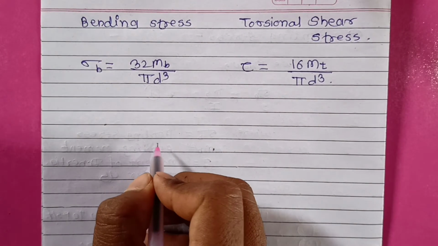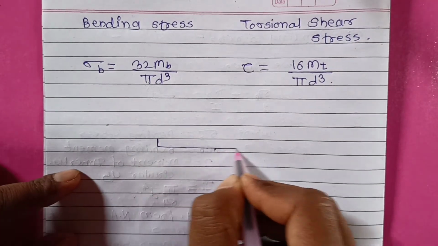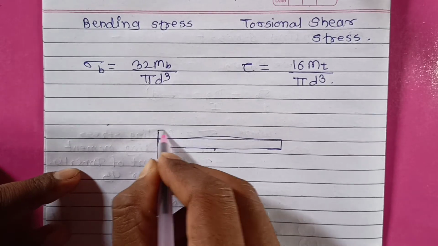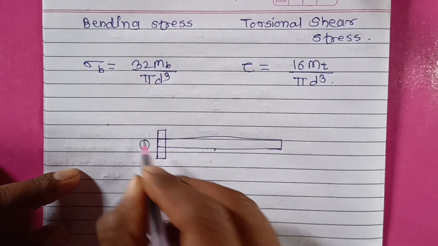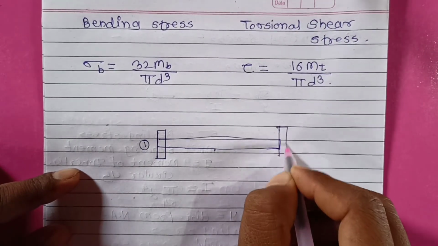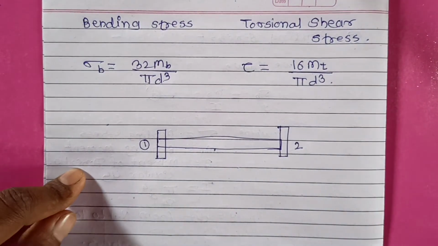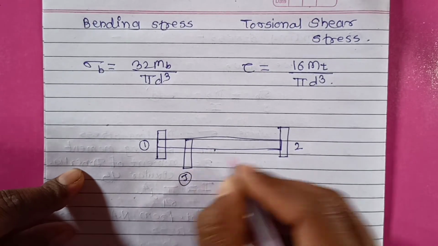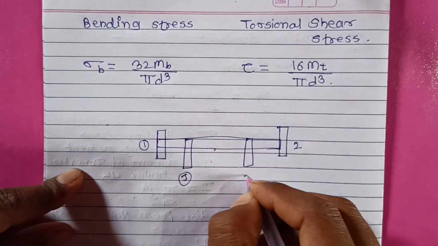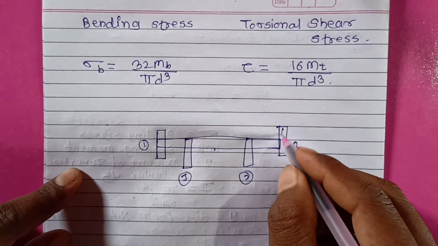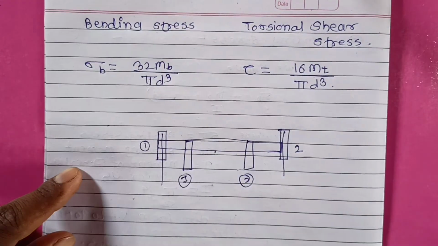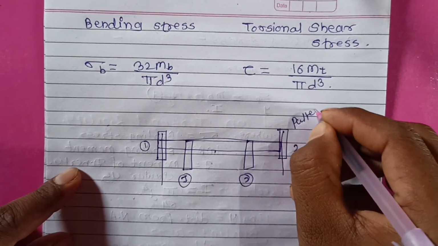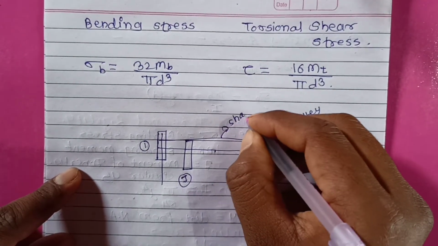Now see here, I am taking one shaft, one example here, and on the shaft this is the first pulley and this is the second pulley. This is the first bearing and this is the second bearing. Now on this pulley the belt is mounted, this is the belt, this is a pulley and this is a shaft.